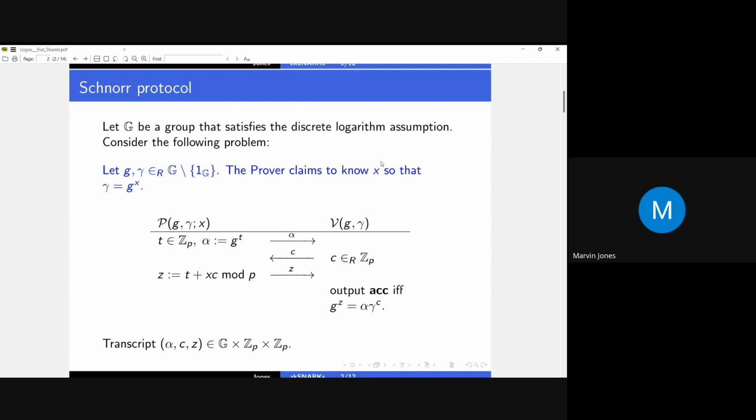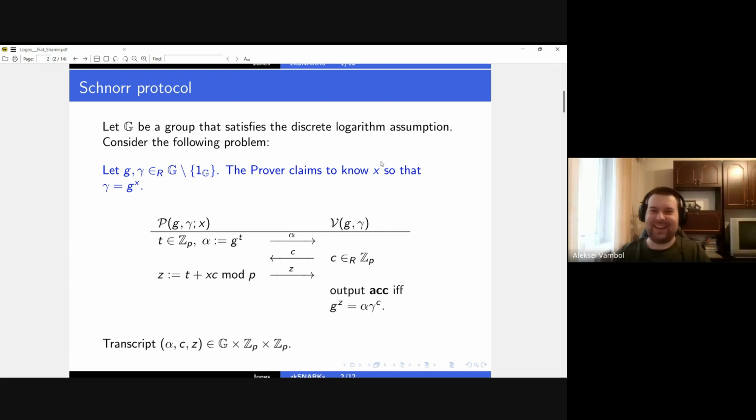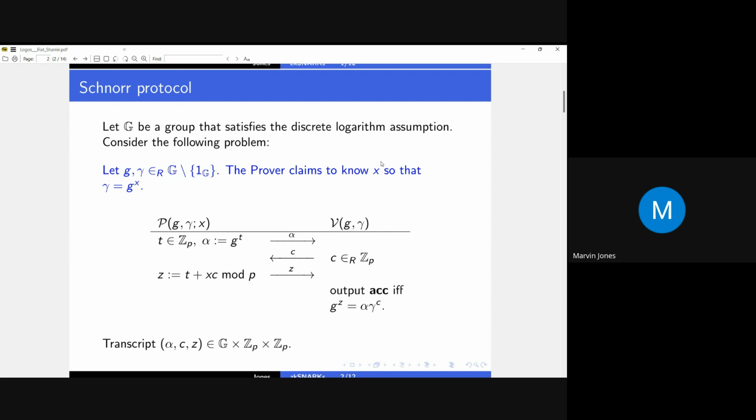So the difference in terms of how we would phrase Fiat-Shamir would be, you would say everything in your transcript up to that point is included, and I would just go with the statement and the transcript would need to be included. So, yes, but we would still mean the same thing.